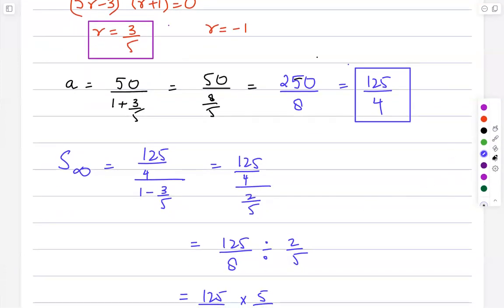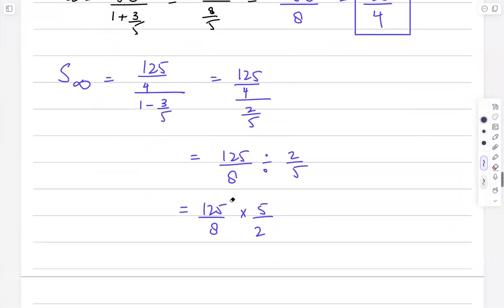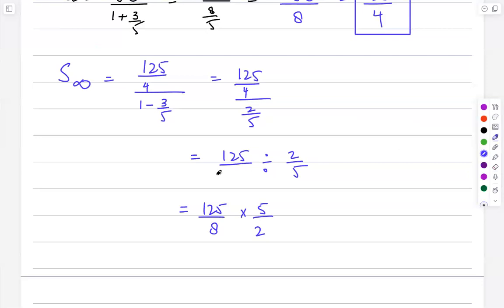Substituting 4 up here, this will become 125 upon 4 multiplied by 5 upon 2. So 125 into 5 is 625, and 4 multiplied by 2 will be 8. So the final answer for the sum to infinity will be 625 upon 8.